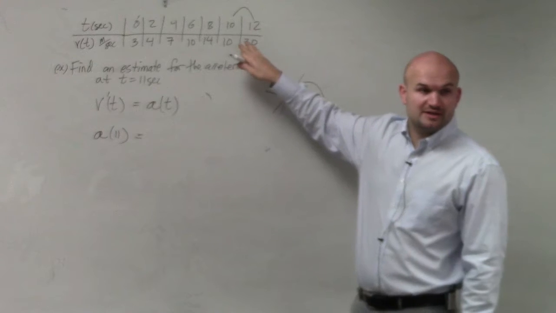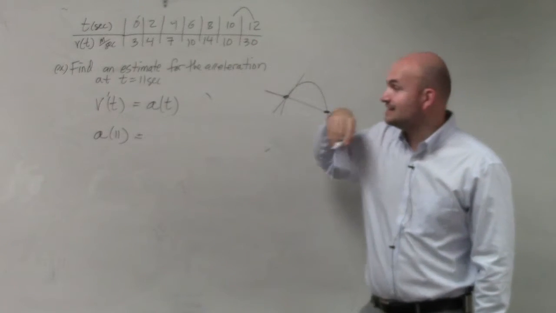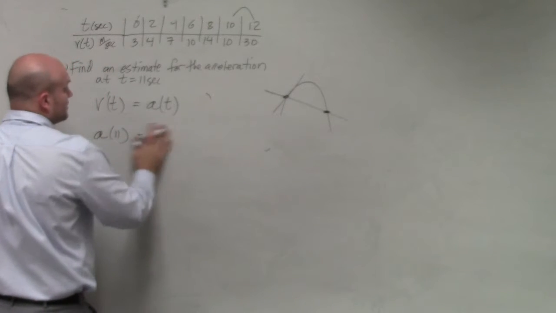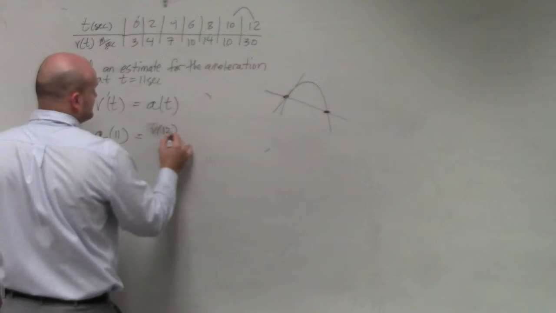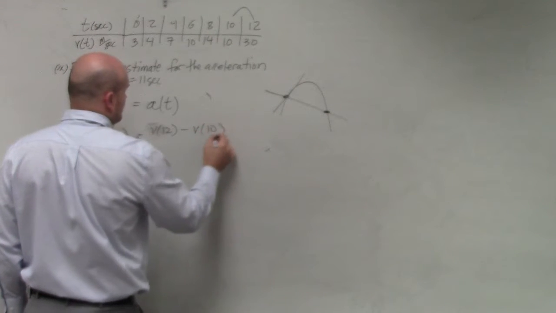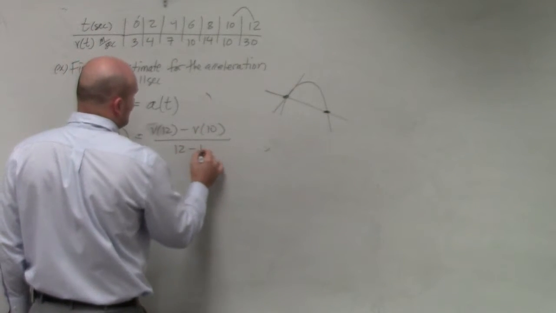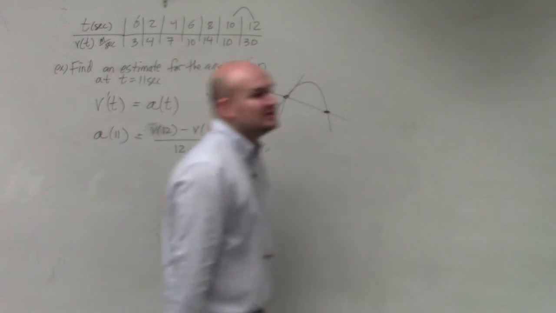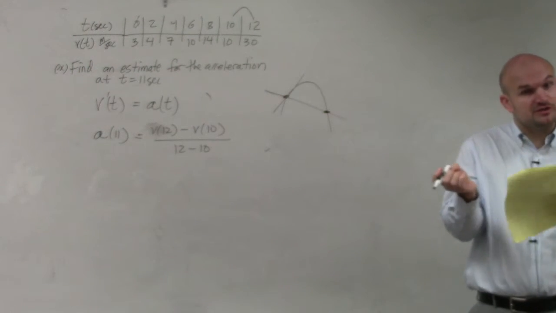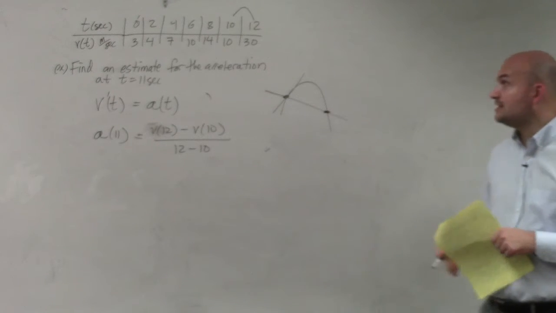Well, the 2 closest values to 11 are going to be 12 and 10. So if I find v sub 12 minus v sub 10 over 12 minus 10, that will give me that slope between those 2 values, which will give me the acceleration at 11.